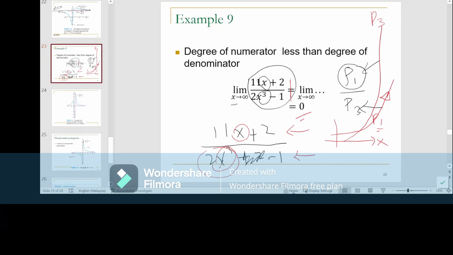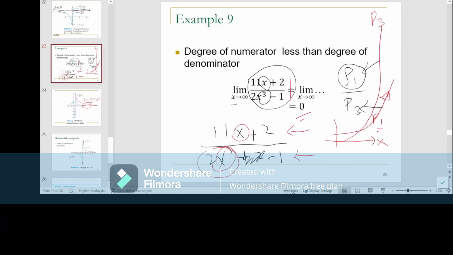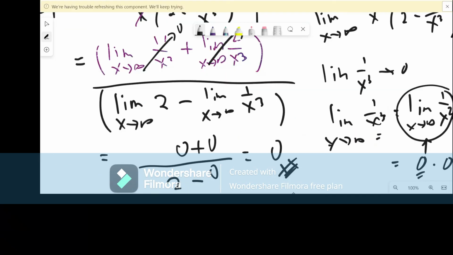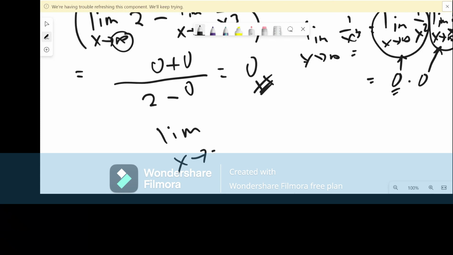Okay, so if you represent this in the graph of the rational function, this is the limit, right? You can see that for the limit at infinity, the function is tending to 0. When x is very large, the values of y just get closer and closer to 0. The calculation I showed you should also apply even if x is going to negative infinity. So it can also be trivially proven that as x goes to negative infinity, the rational function is also going to 0.